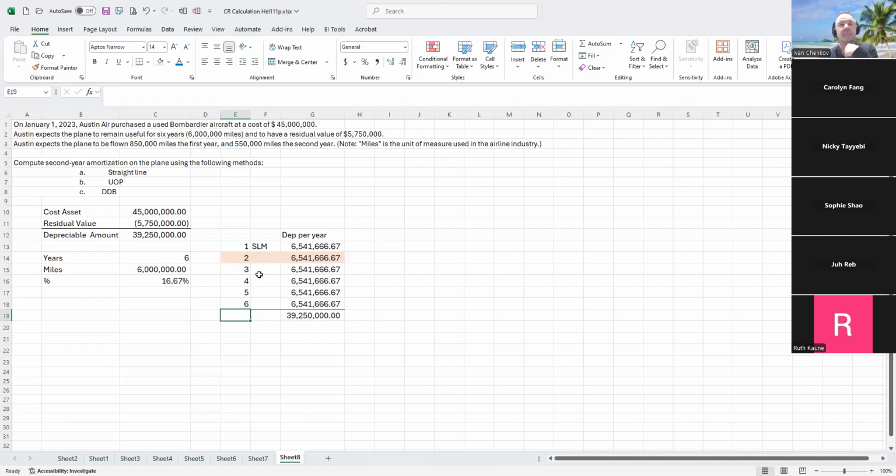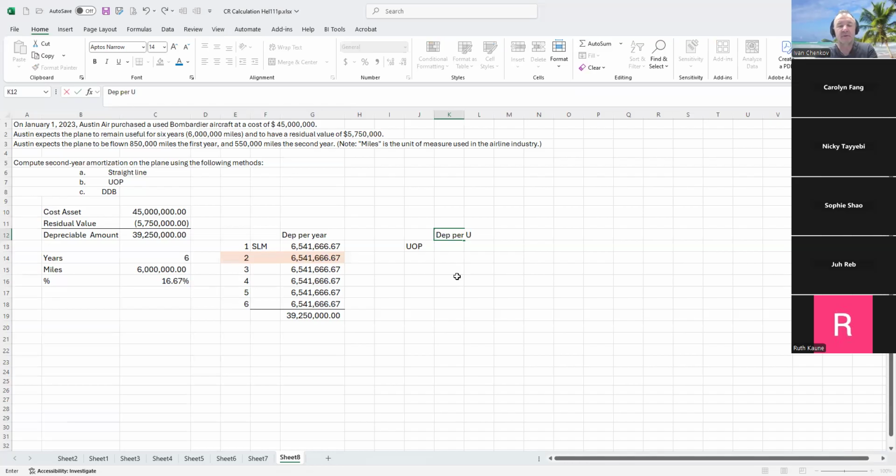Can you guys hear me? Yes. Okay. So that's the straight line method. What's the next method? Units of production. For units of production, since I'm gonna use this machine for 6 million miles, do I know my cost per unit, or depreciation per unit?